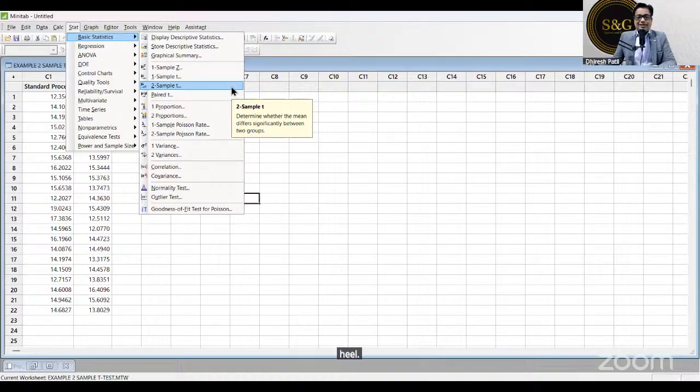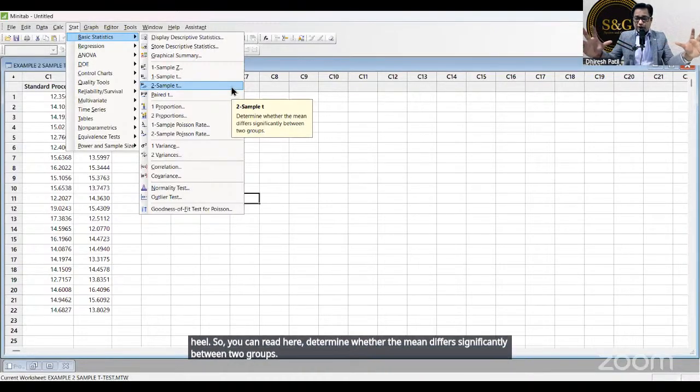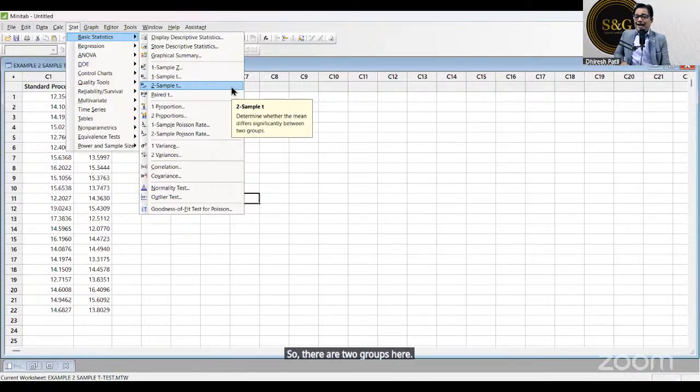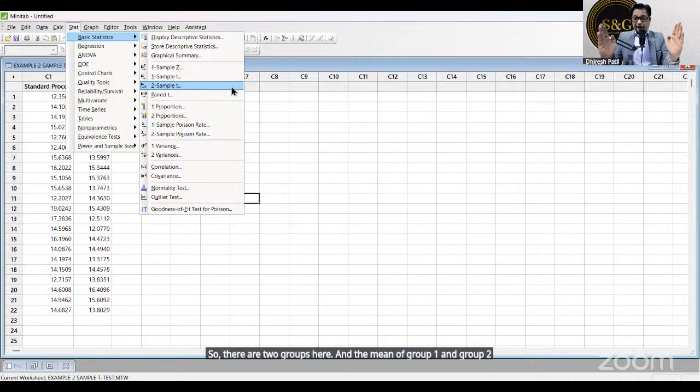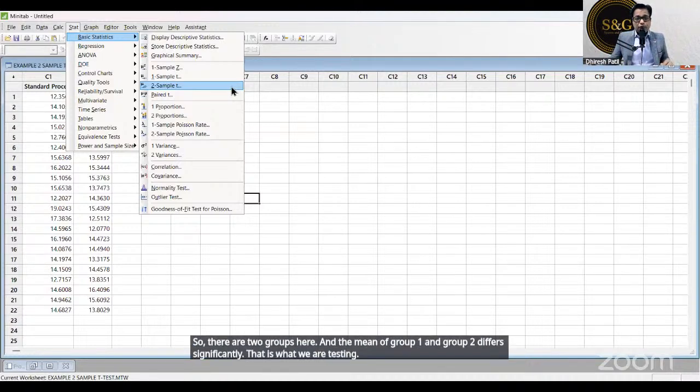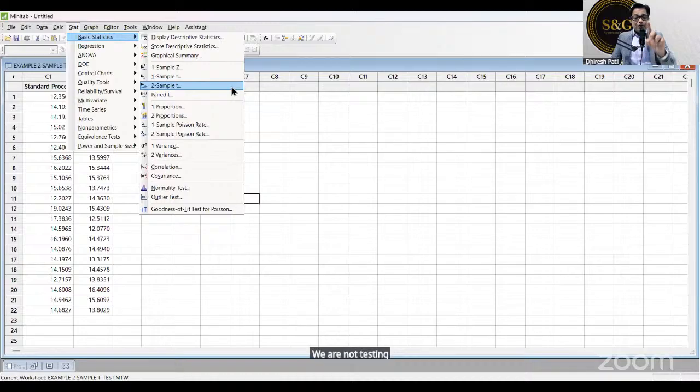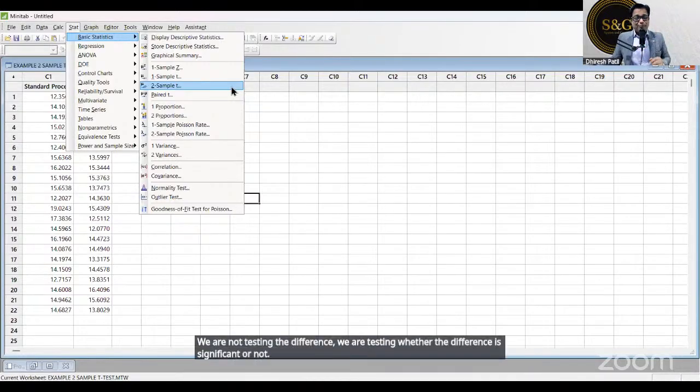So you can read here, determine whether the mean differs significantly between 2 groups. So there are 2 groups here, and the mean of group 1 and group 2 differ significantly. That is what we are testing. We are not testing the difference, we are testing whether the difference is significant or not. Okay, that is the most important understanding.